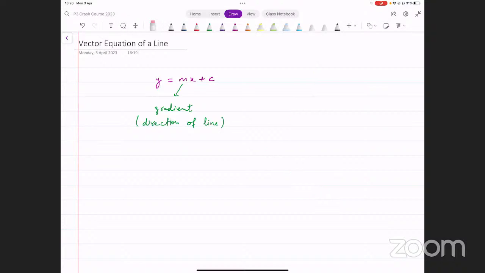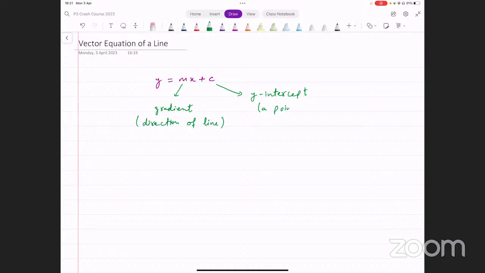And then the second thing that we used to have there was the y-intercept in this particular form. In the other form that we had, y minus y1 equals m into x minus x1, it could be any point. The y-intercept is a particular point, the point where the graph intersects the y-axis.